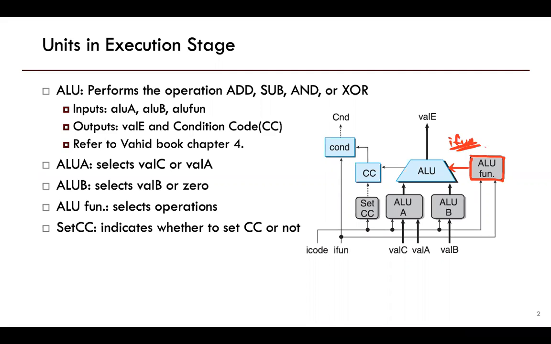But then why not just directly put ifun here? Because some other instructions just bypass this, like the irmovl instruction again. The irmovl instruction does not have an instruction function code, so which value would be here? Actually 0 at this position.